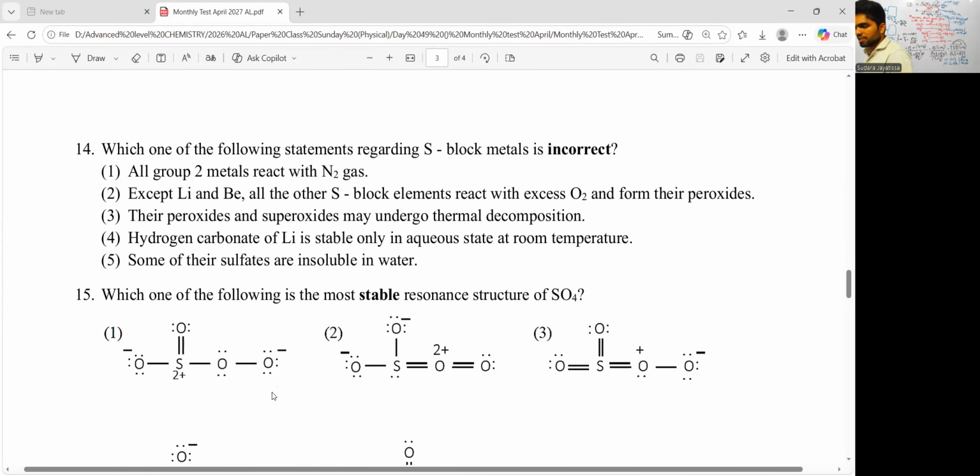It is asking which one of the following statements regarding the s block is incorrect.